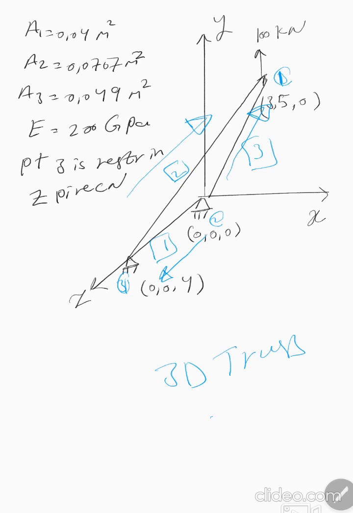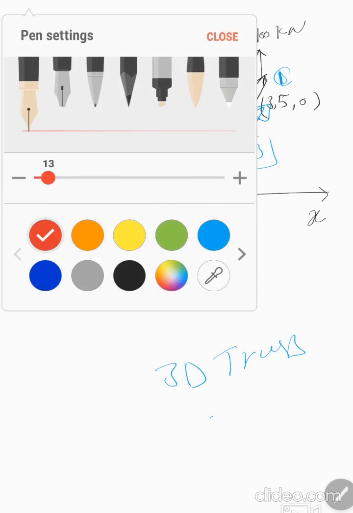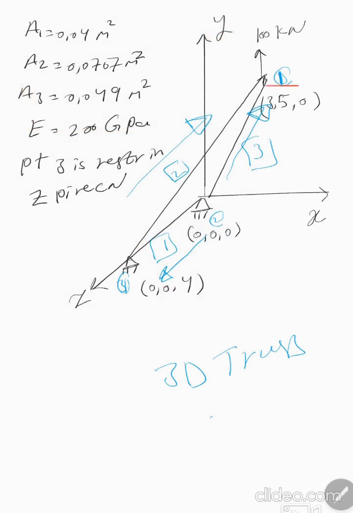Okay. Second step, you should give global system numbers for the 3 directions, because here we have 3D. Let me change the color for you. I will start from node number 1. It's easy when I solve to find which is the known force and which is the unknown force.